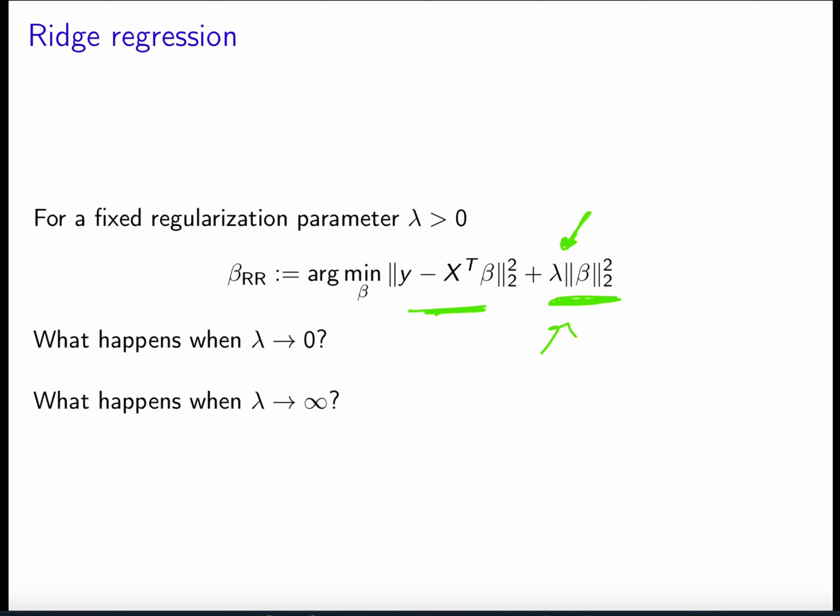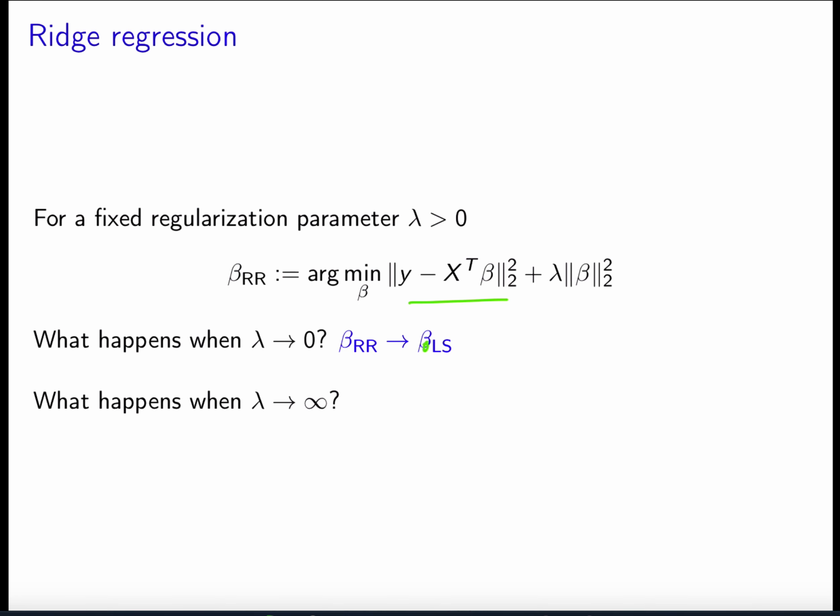If you set lambda very, very small, what are you going to obtain? Pause the video if necessary, but think about what the ridge regression coefficients are going to be equal to if we set the regularization parameter almost to 0. Well, you're only left with the least squares part, so they're going to be very similar to the OLS coefficients.